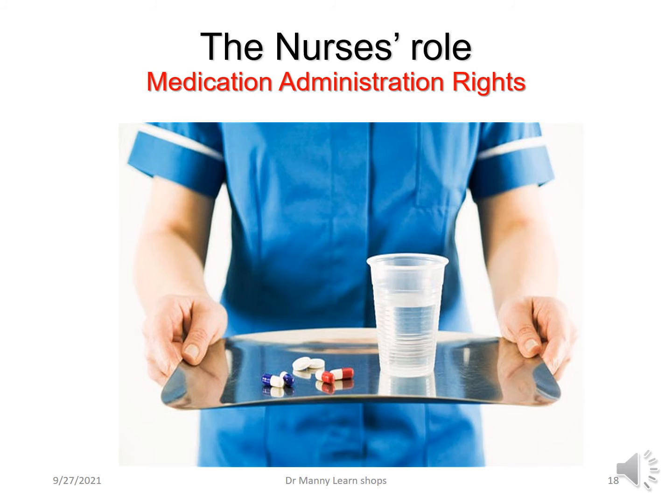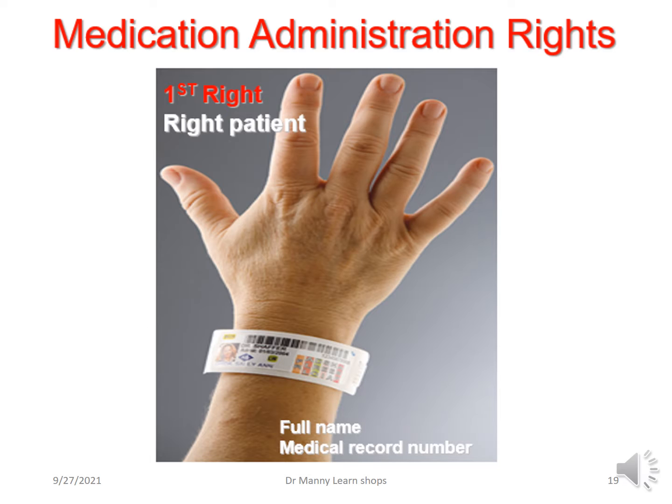So, what's your role to make sure that the patient gets the right medication? Well, we have something called the medication administration rights, and depending on which protocol you use, there can be anything from 5, which we're going to be discussing here today, up to 18 different medication rights, depending on the organisation that you work for.